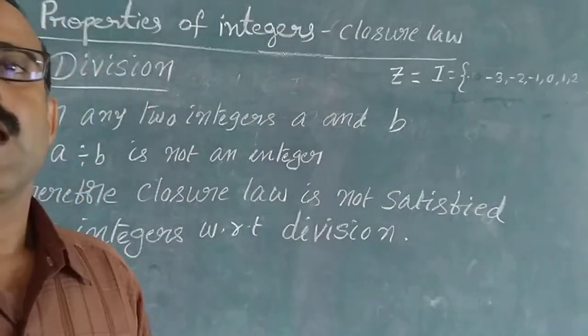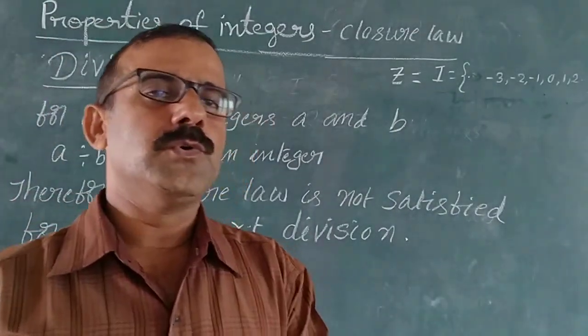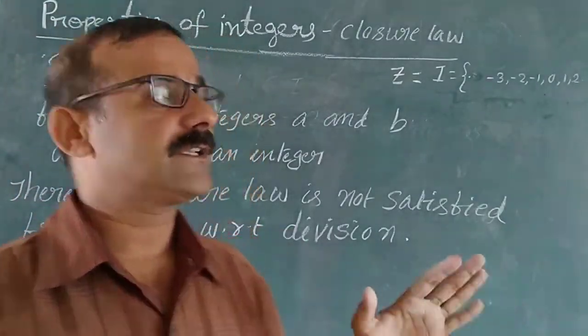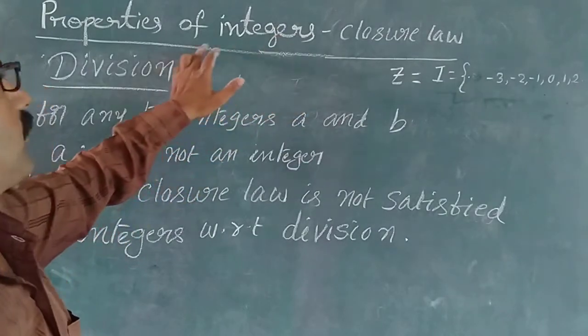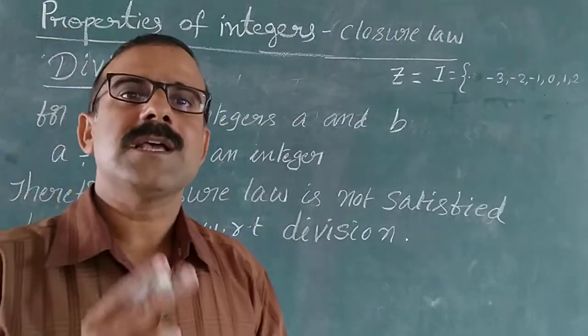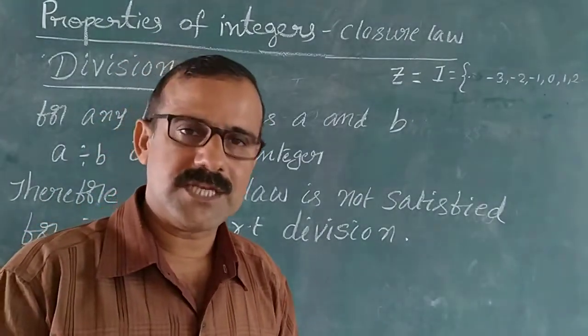Okay children? I hope you understood this concept well. What is the concept? We only explained the properties of integers: Closure law with respect to addition, subtraction, multiplication and division.